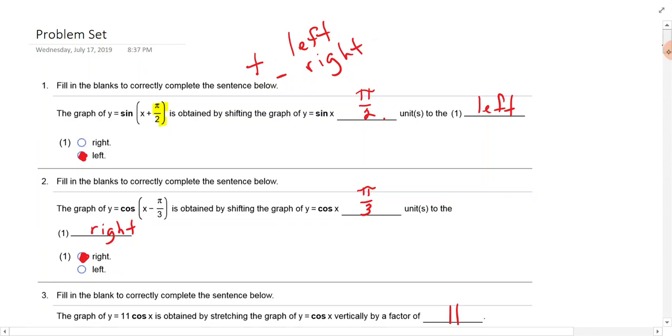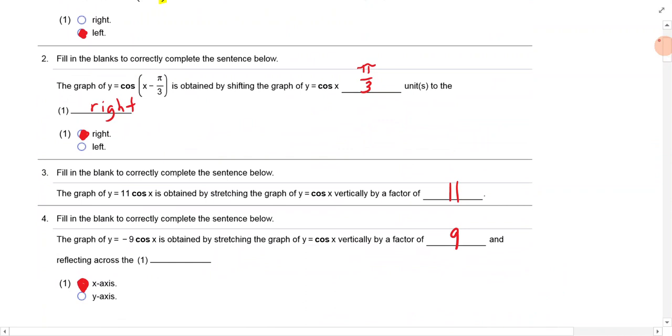Number 2, the graph of cosine of x minus pi over 3. That's going pi over 3 units to the right. Number 3, the graph of y equals 11 cosine x is obtained by stretching the graph vertically by a factor of 11.